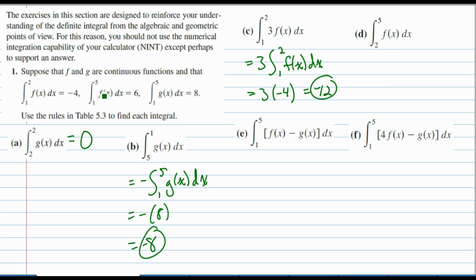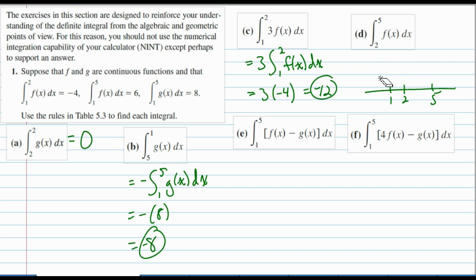Part D, the integral from 2 to 5 of f of x dx. I know 1 to 2. And I know 1 to 5. I need to know 2 to 5. So you know what I'm going to do? I'm going to take out 1 to 2 from 1 to 5.